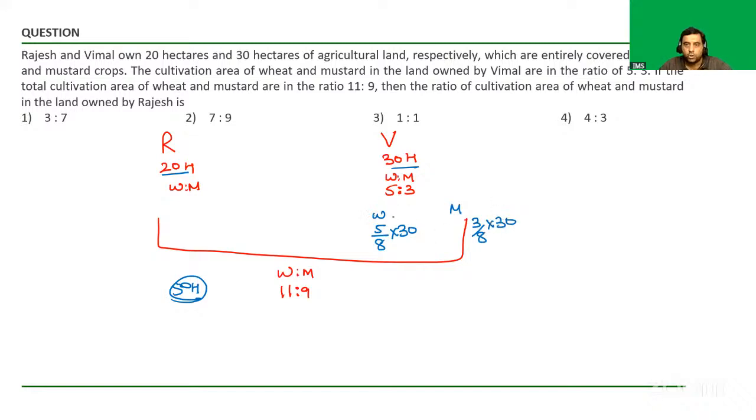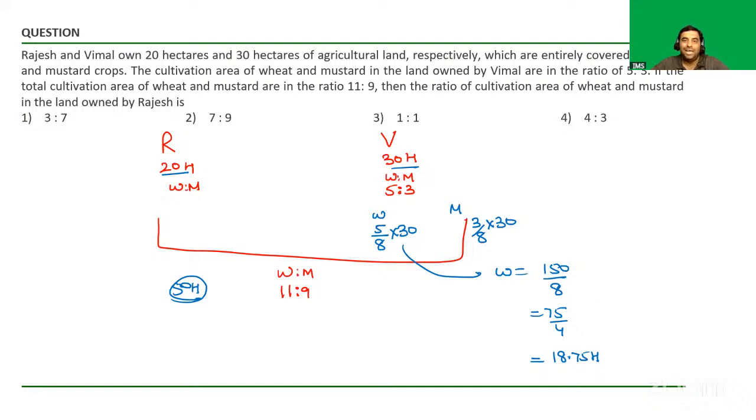If I solve it for wheat, it is 150/8, or 75/4, which comes out to be 18.75 hectares for wheat. So only keep an eye on wheat. I know the remaining is going to be the mustard.